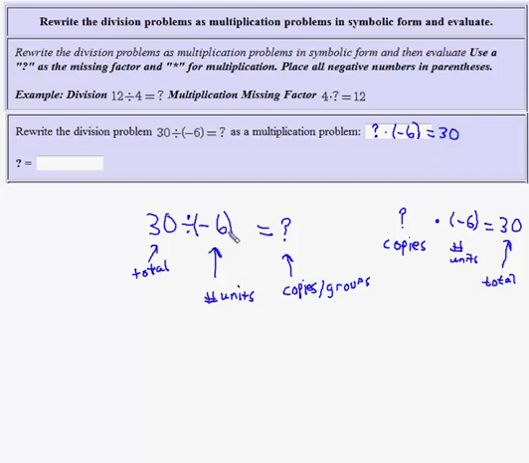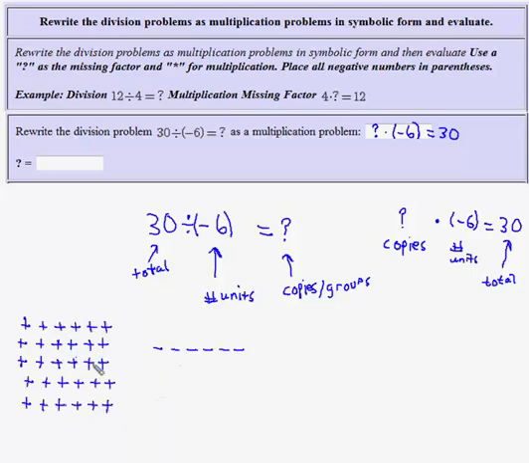To answer this, you could think of this using the chip model, as you have 6 negative chips, and you want to know how many copies of that it would take to make 30 positive chips. The idea was, because I have to use negative chips, but my ultimate goal is to get 30 positive chips, the method used was to just go with negative chips and then at the end take the opposite of that answer.